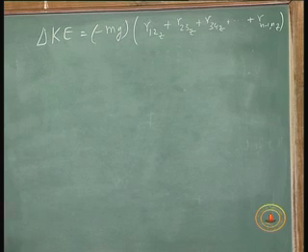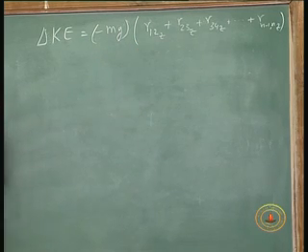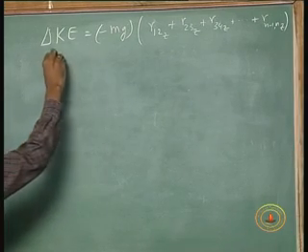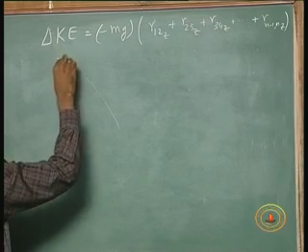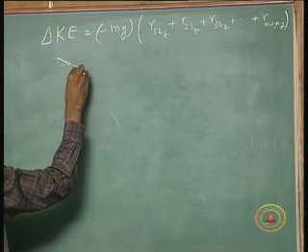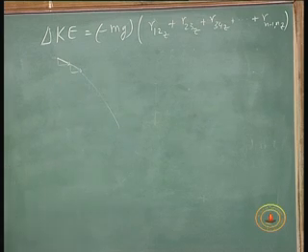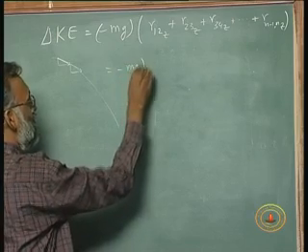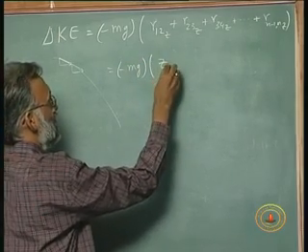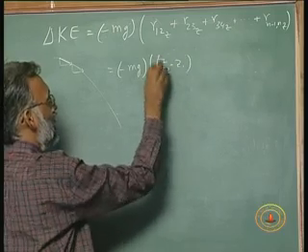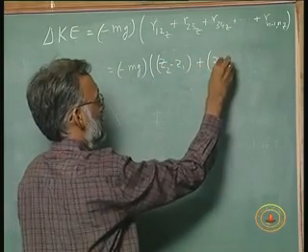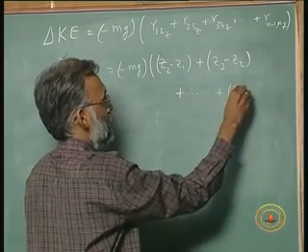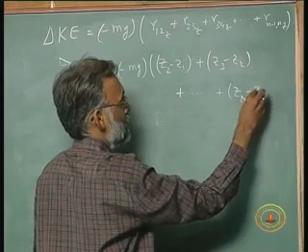Now, each of these, if you look at this, is just the amount of distance by which the trajectory dropped in z. So, it can be written as minus mg times z2 minus z1 plus z3 minus z2, many other terms, plus zn minus zn minus 1.